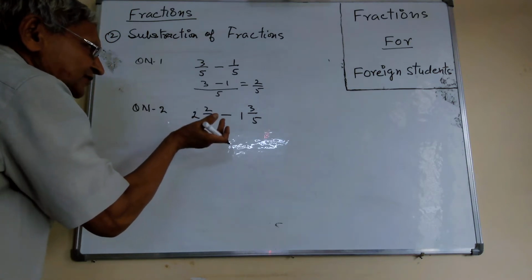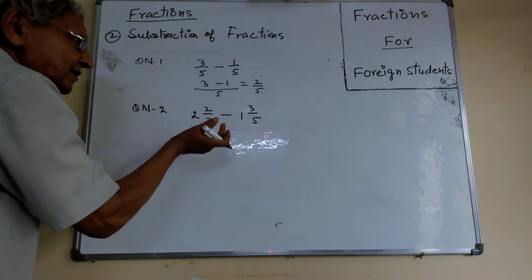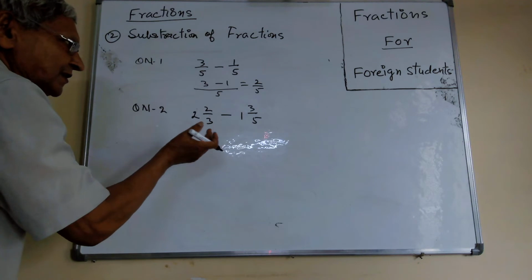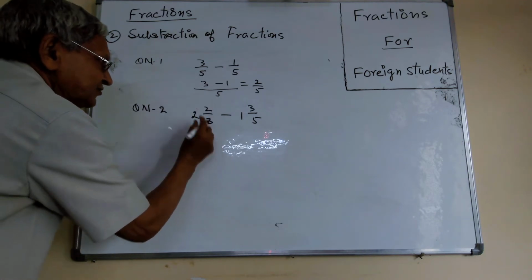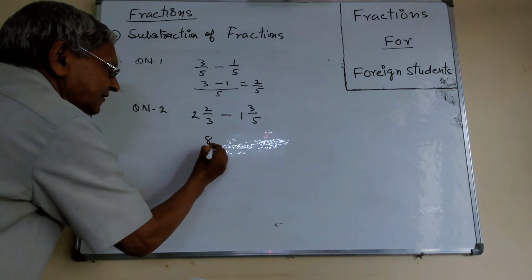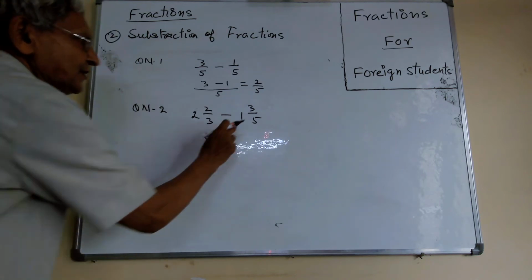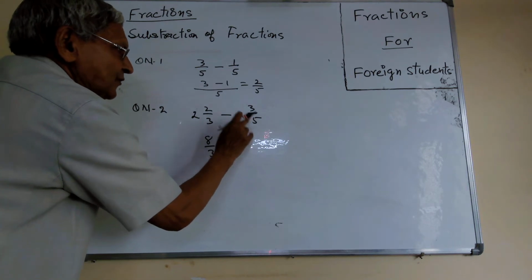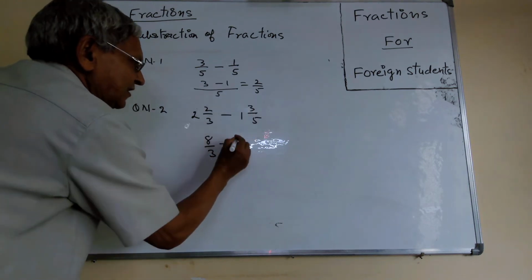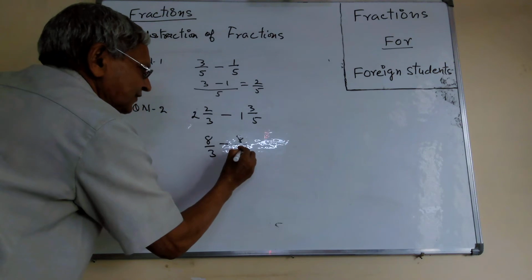We have to make these fractions proper. Then we have to subtract. Make proper. 2 into 3, 6, plus 2, 8 by 3. Minus 5 into 1, 5, and plus 3, 8. Minus 5.